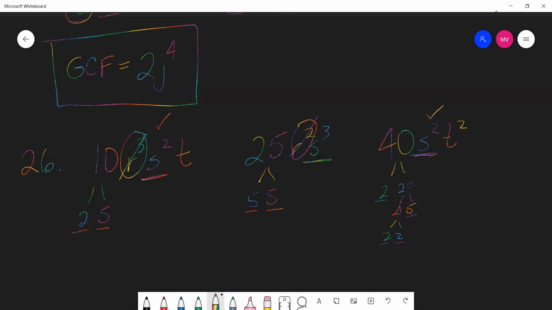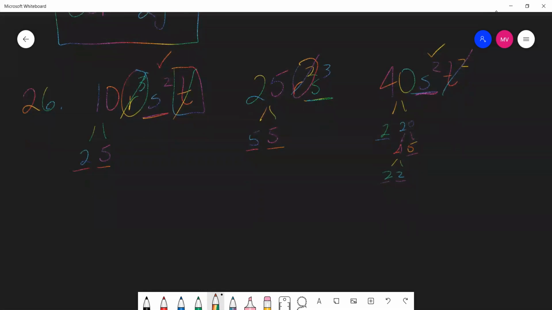And then let's look at the t. We have a t, but then in our 25, we have no t. So there is no t in our greatest common factor. The only thing we have a check mark over is s squared, which means that in our greatest common factor, the only variable involved is the s squared.